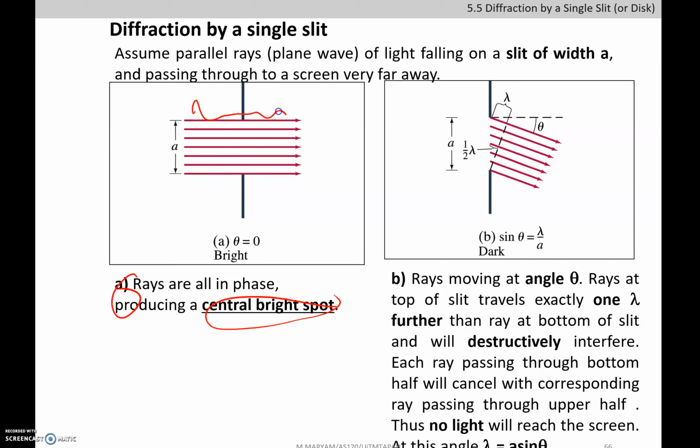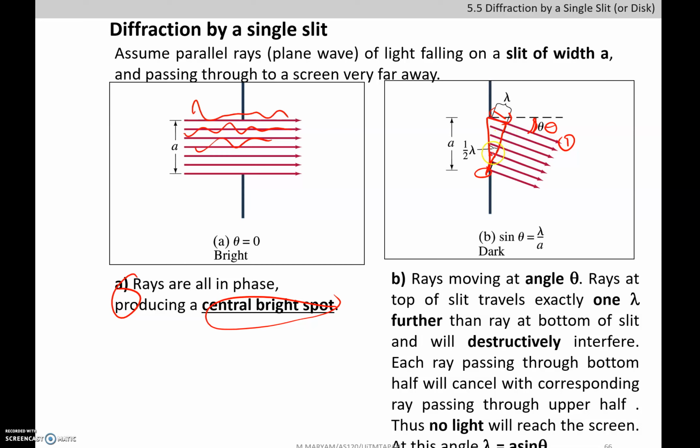But if we shine the light at a certain angle theta, the topmost ray here would travel an extra distance of lambda as compared to the one below it. So when it travels a distance of lambda, again we can use trigonometry to find sine theta.